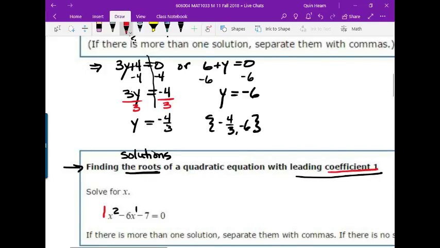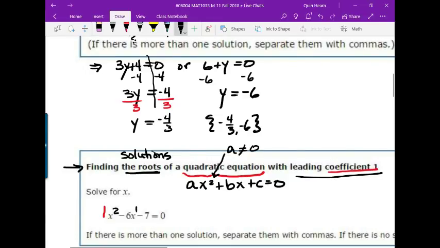And then what does it mean to be a quadratic equation? A quadratic equation is any equation of the form a times x squared plus b times x plus c equals 0. It might not start out in that form, but if you can rearrange it to get it into that form, then it's considered a quadratic equation. The key element of a quadratic equation is the squared power. So the a cannot be 0.